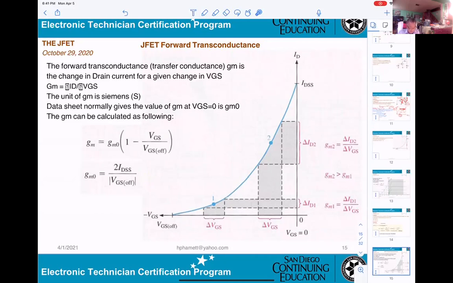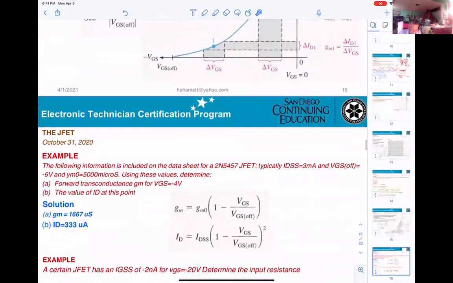Or you can calculate GM0 equals 2 times IDSS divided by the absolute value of VGS off. Then you can calculate GM equals GM0 times 1 minus VGS divided by VGS off.